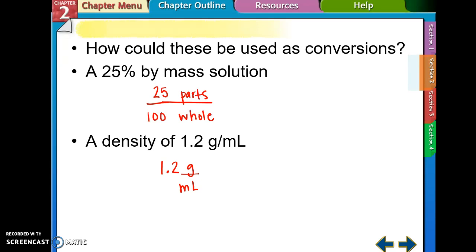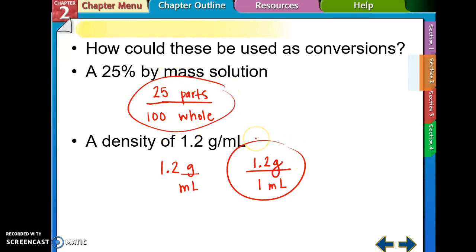So the way that I'm going to actually rewrite this as a conversion is going to be 1.2 grams for every 1 milliliter. So these, the way I've written them right here, can be used as conversion factors because they are written as fractions. I could also flip it and use the reciprocal of 1 milliliter for every 1.2 grams.